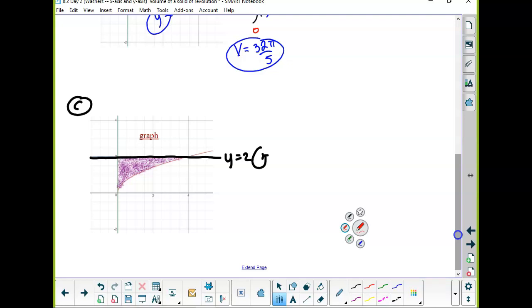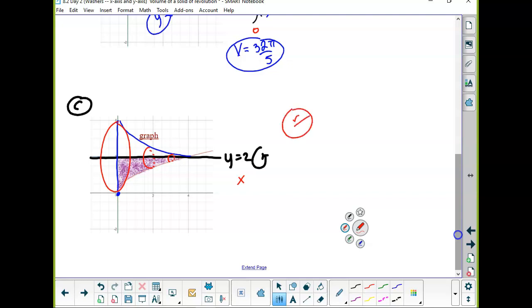So we are still rotating with respect to x. So everything has to be written in terms of x, dx, your equation. But when I rotate this point that is 2 units away, is going to come up here. It'll look like that. And then when I pick my points, I'll get a circle out here. I'll get a circle in here. Maybe another circle here. But that's my cross section.